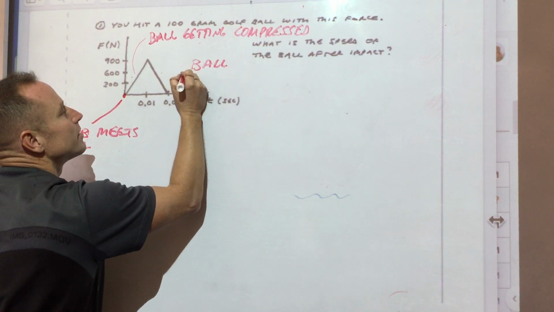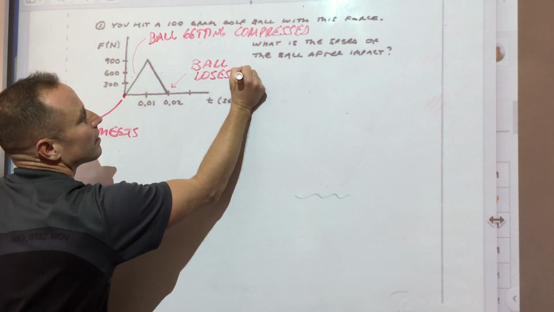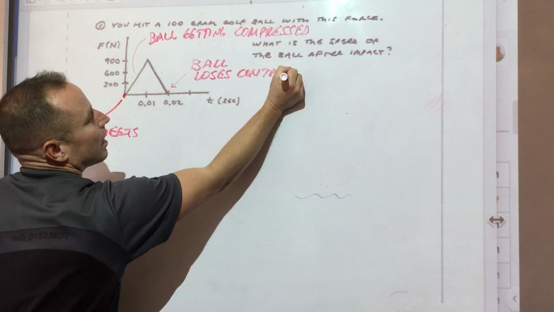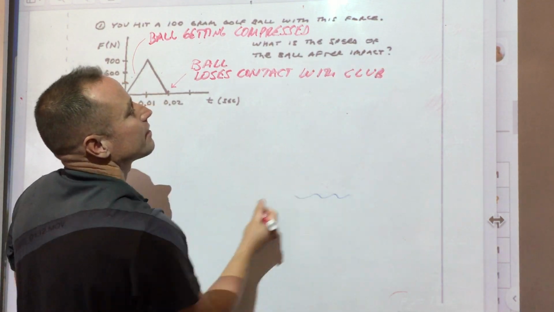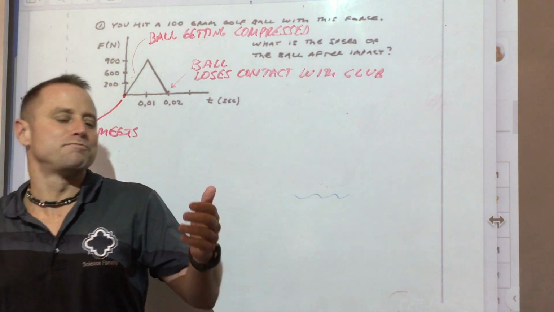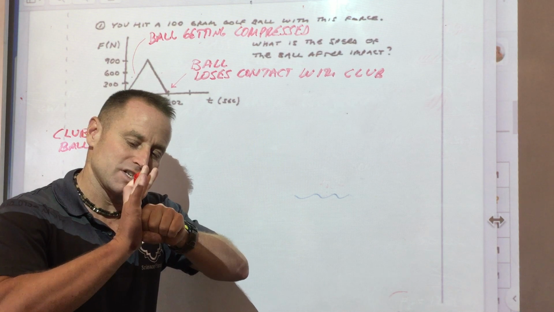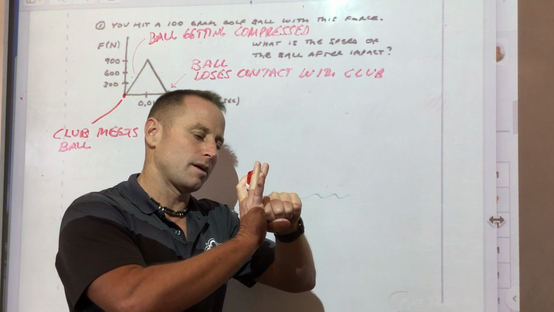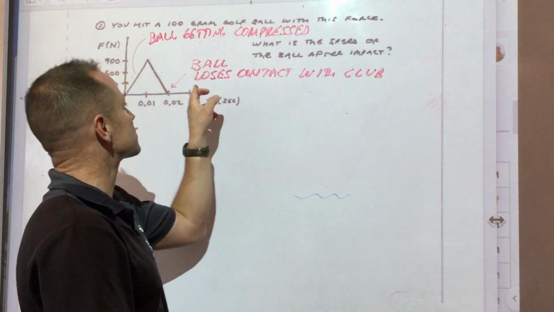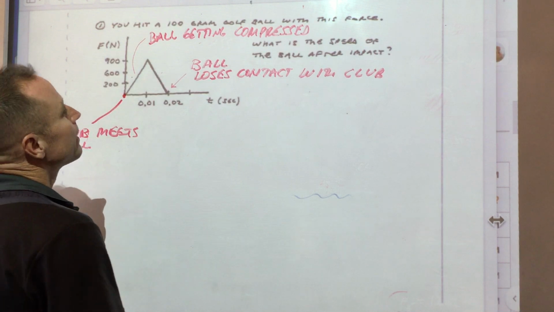So we'll just say the ball loses contact with the club. So when you bash something, you first make contact with it, the force builds and builds, gets to a maximum, and then the object starts to leave the club, and right when it loses contact, the force has to go to 0. That's kind of what's going on here.